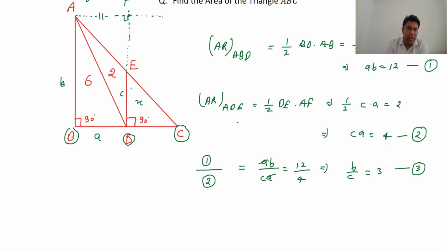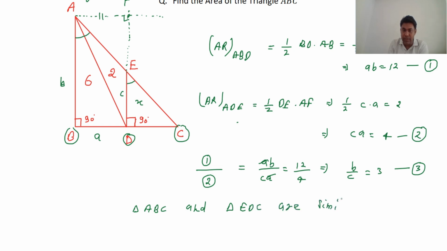That means if angle B is equal to angle D and angle C is equal to angle C, then in triangle DEC, angle E will be equal to angle A in triangle BAC. That means triangle ABC and triangle EDC will be similar triangles.